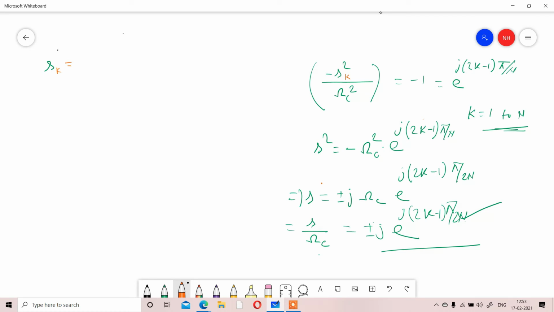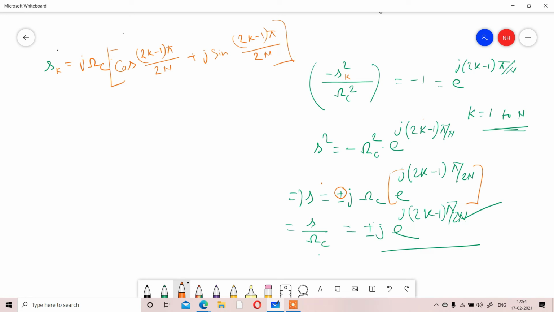Sk is equal to j, we are considering the positive part, omega c, and e to the power that term we are representing by cos and sine. So obviously cos (2k minus 1) pi by 2n plus j sine (2k minus 1) pi by 2n.